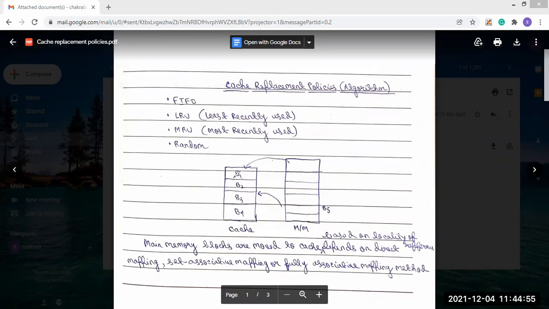Which block moves to the cache depends on the locality of reference and on the mapping techniques we have already seen: direct mapping, set associative mapping, and fully associative mapping. The particular block which we require, we move to the cache.